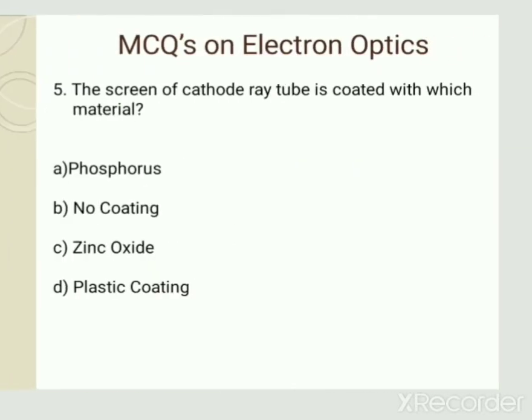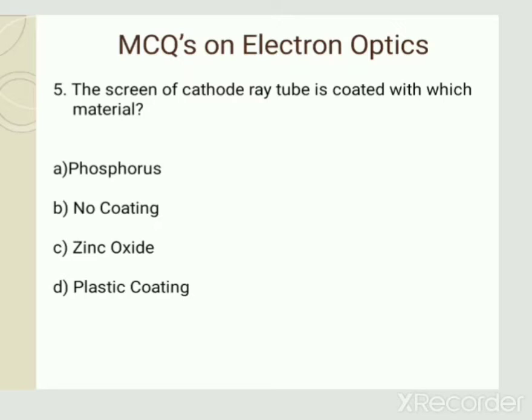Next question is the screen of cathode ray tube is coated with which material? So the screen of cathode ray tube is coated with the photoluminescent material. We can say fluorescent material is used because these materials have a property to emit light or to glow when highly energetic electron beam strikes on it.